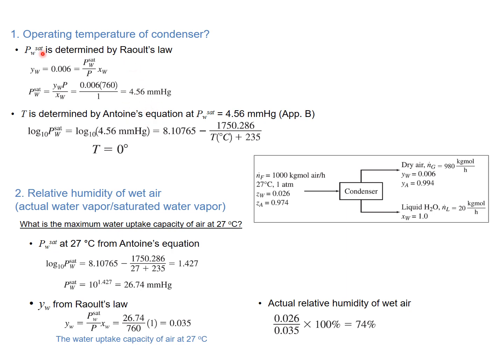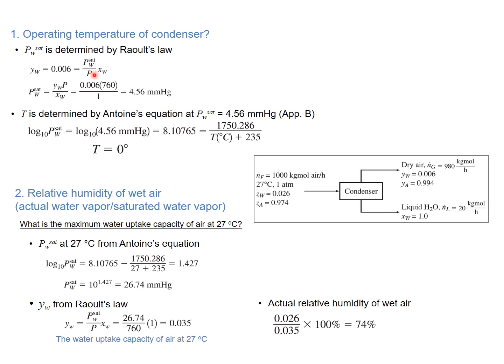First, the saturation pressure of water is determined by Raoult's law at the given temperature and pressure. So this is Raoult's law, with total pressure 1 atm and the mole fraction of water in the vapor phase fixed at 0.006.